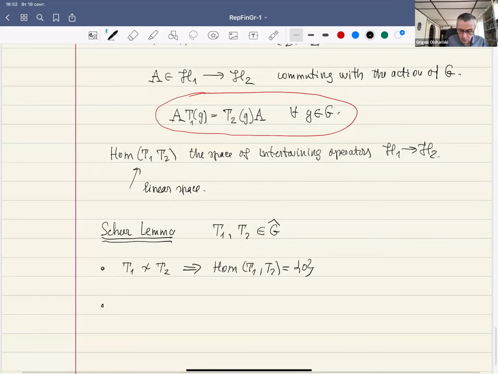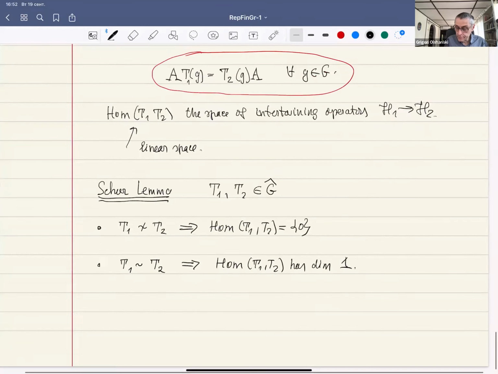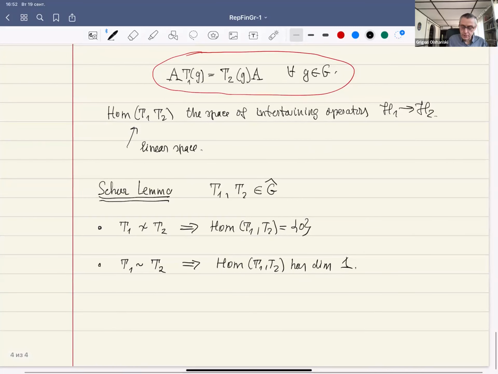And assume the opposite, they are equivalent. Then this space has dimension 1. Or this can be rephrased as follows.